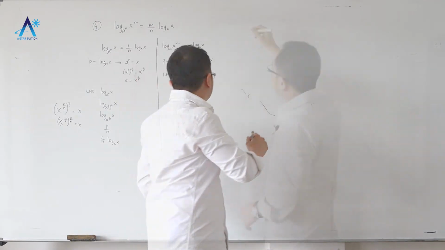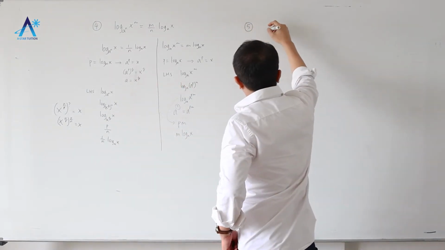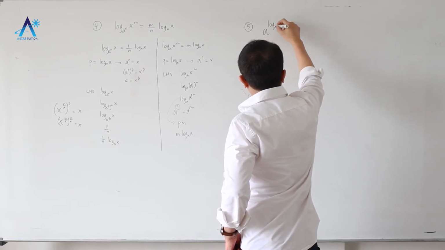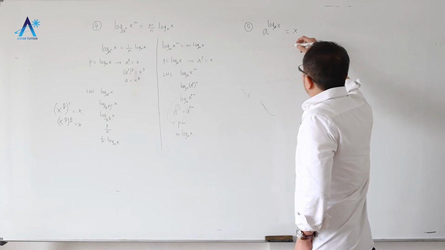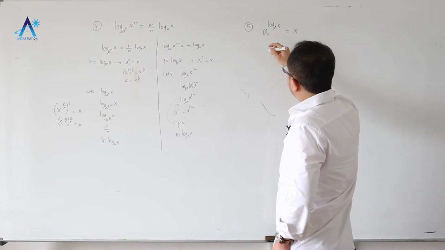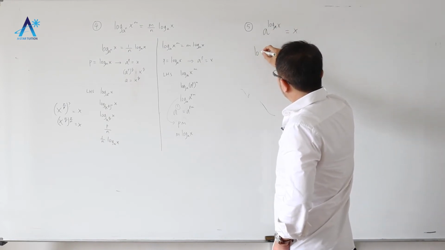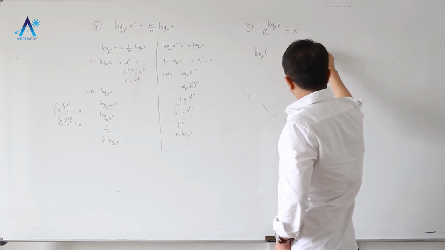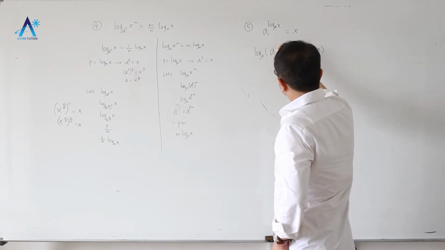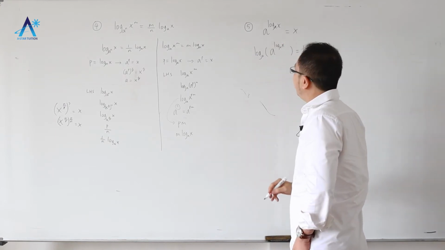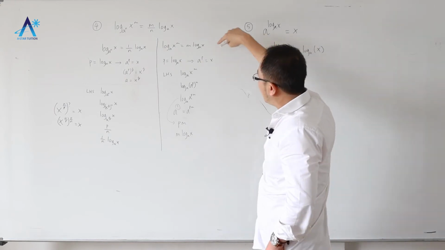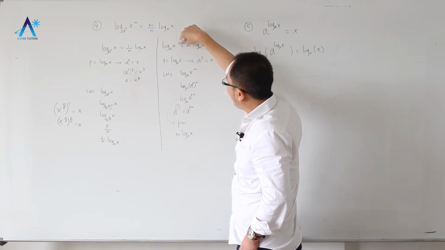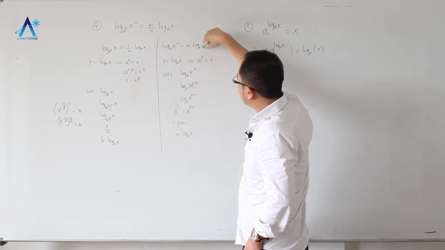Yeah. Rule number 5. a to the power of log a x is equal to x. To verify this, we can apply log base a to both sides. Okay, now according to rule number 4, log a of x^m could be written as m times log base a x.